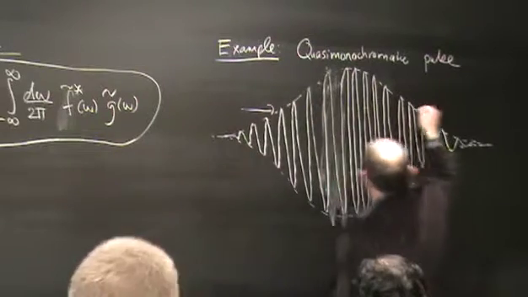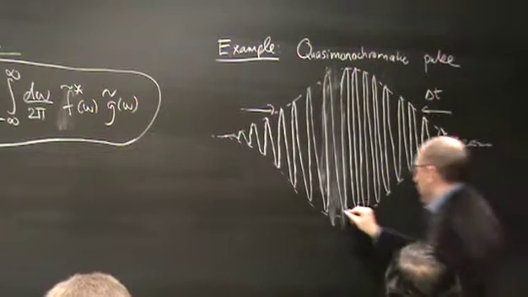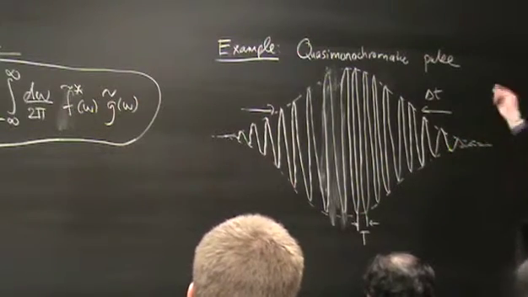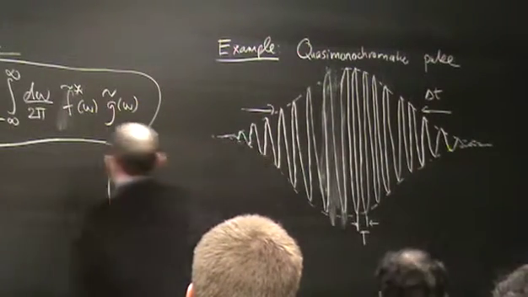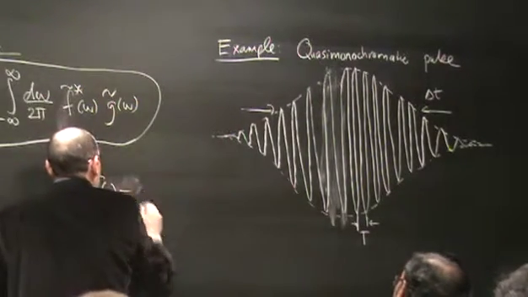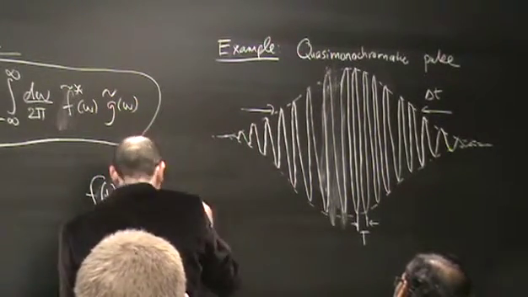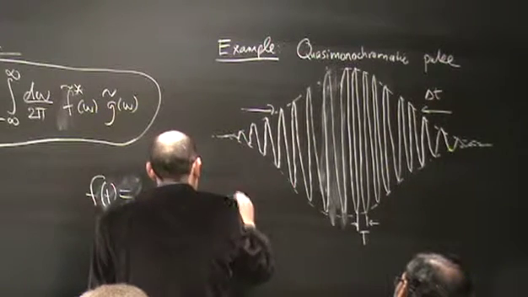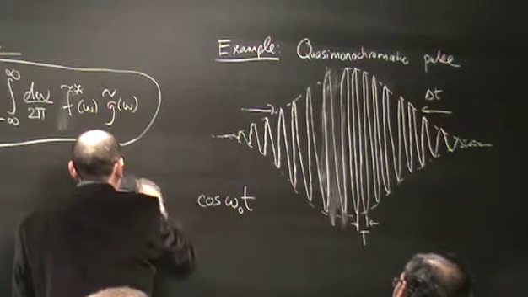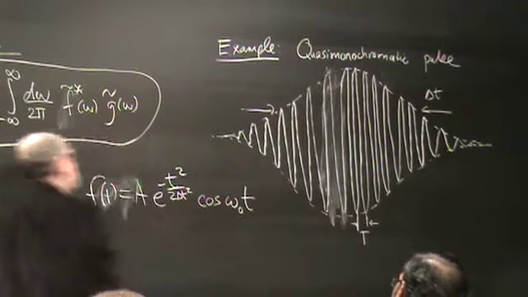This pulse has a particular width to it, delta t. Of course, there's the period of oscillation T. So let's look at the specific example where my pulse is of the form of an oscillating cosine that's modulated in amplitude by a Gaussian of width delta t.